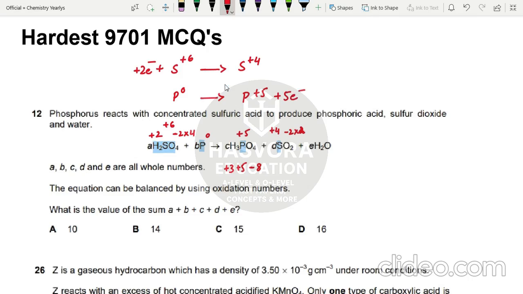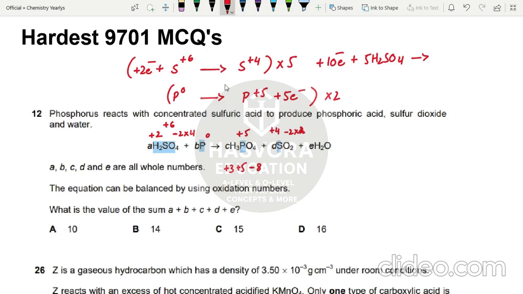Now what we can see here is that the number of electrons are not balanced. So we will multiply this by 2 and we will multiply this by 5. So the electron number becomes balanced. So this will become +10 electrons plus 5 S +6. S +6 was actually H2SO4, so now I can write 5 H2SO4.